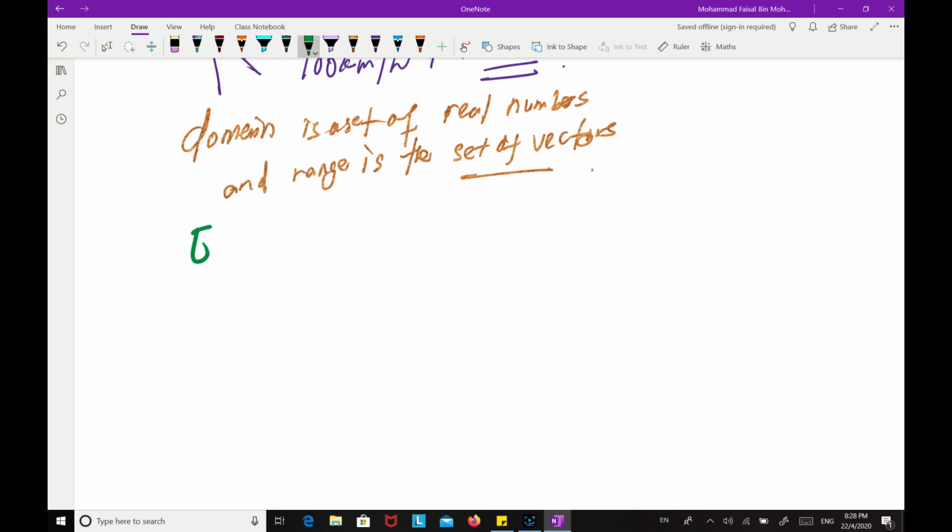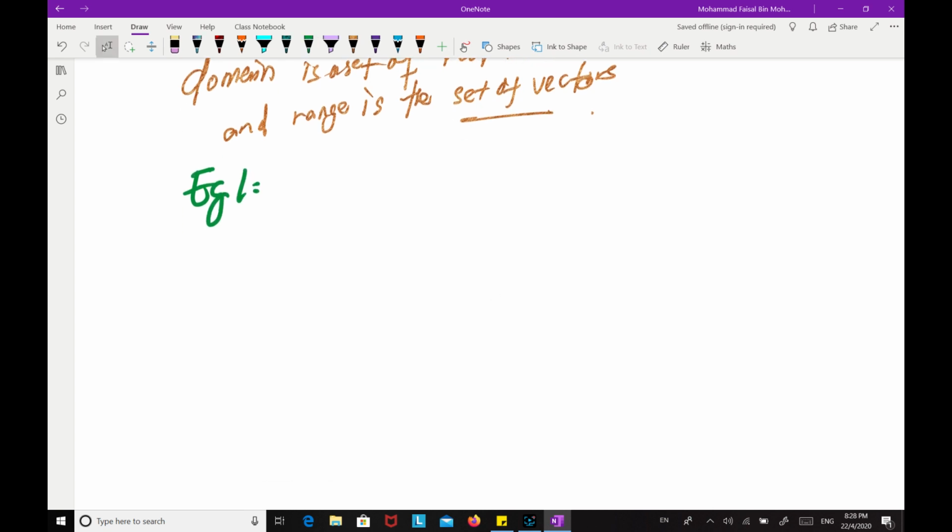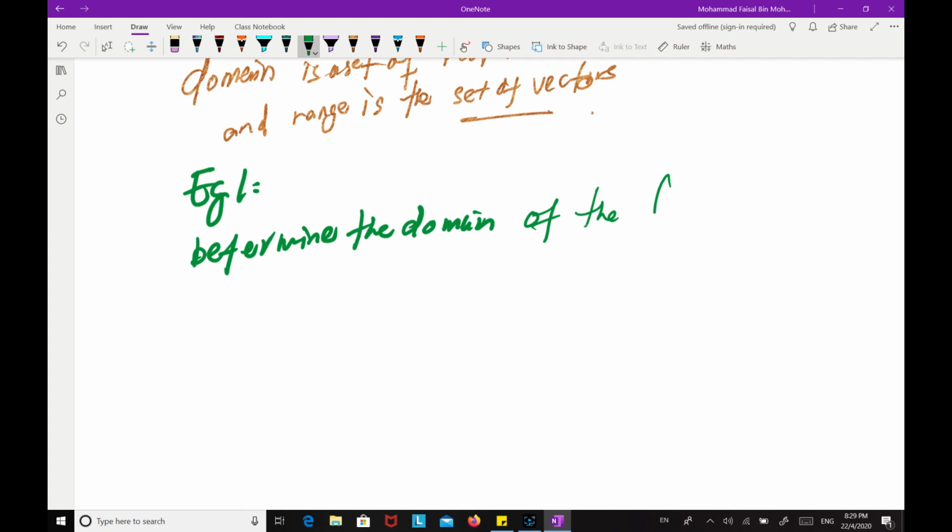Example 1. Okay. Domain of a vector function. Determine the domain of the following functions.